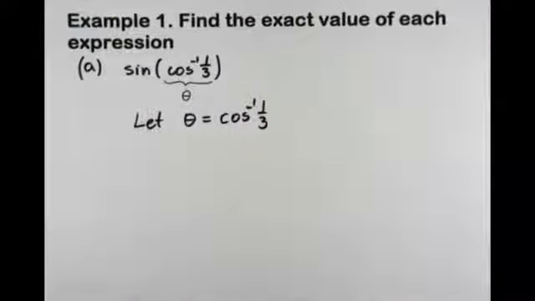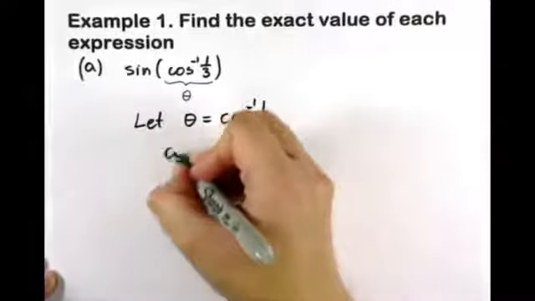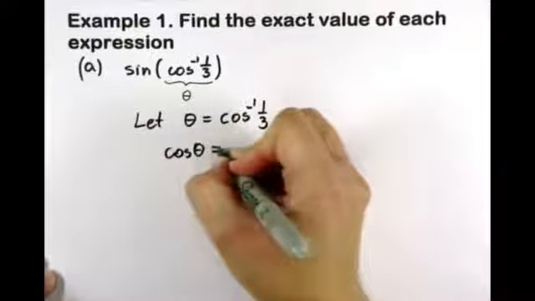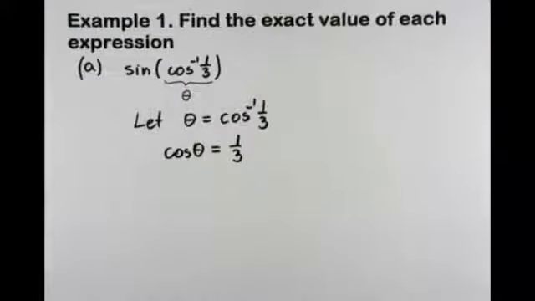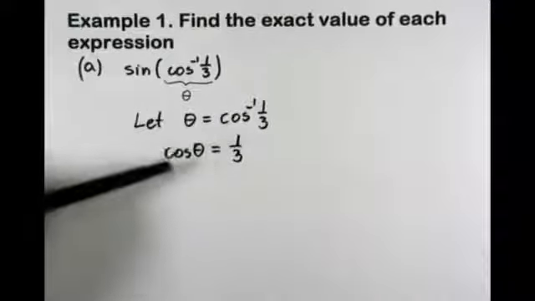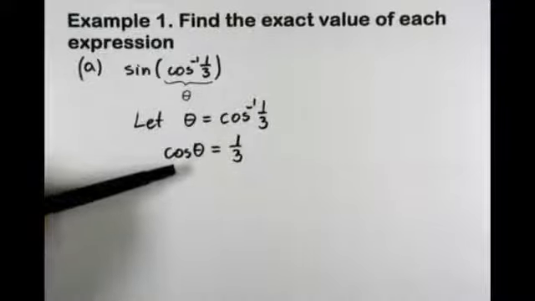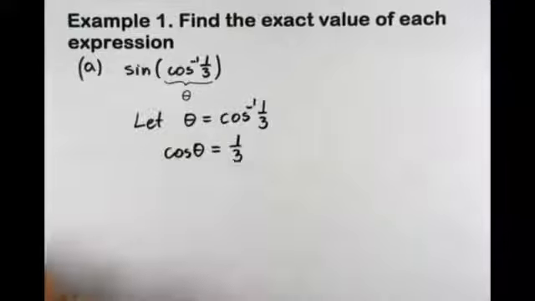Then if I take cos of both sides, cos and cos inverse cancel out, so I will have that cos theta is equal to 1/3. That's the first step we're gonna do. Always set up the function inside as a theta, and then take the cos of both sides over the function you have to change this inverse, that cos theta is 1/3.